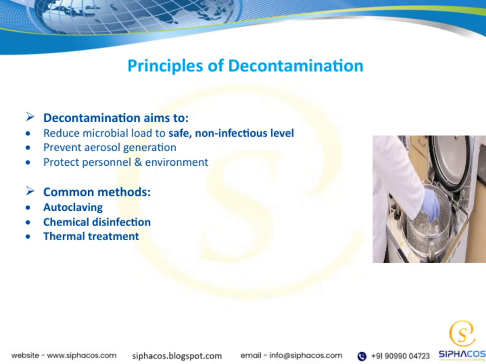All these methods are connected by the core principles we just discussed. They're designed to ensure safety, prevent infection spread, and protect everyone involved. Understanding these principles helps us choose the right method for each situation, maintaining a safe and effective environment.